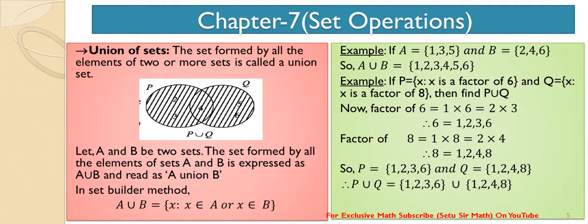So as you can see: 1, 2, 3, 4, 6, 8. 1 is common but we write it only once. 2 is common, we write it only once. 3, 4, 6 and 8 are each written once. That means we write all the elements, but repeated elements only once. So this is the process of finding the union of sets.